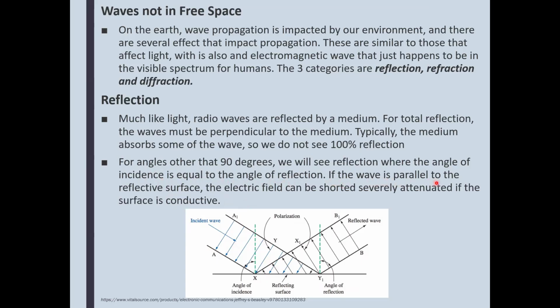If the wave is parallel to the reflective surface, the electric field can be shorted or severely attenuated if the surface is conductive. Right? Again, if the wave is parallel to the reflective surface, we're not talking about light reflection.